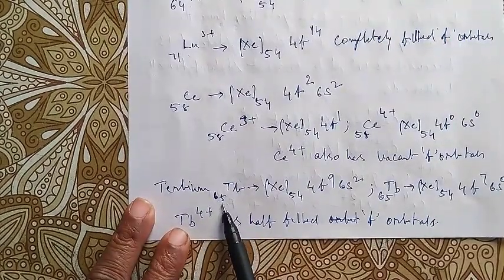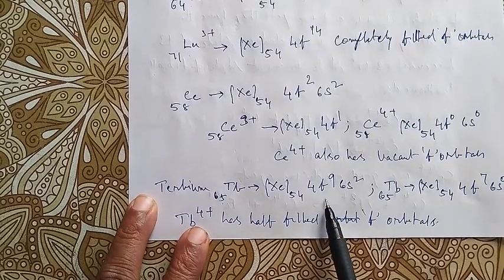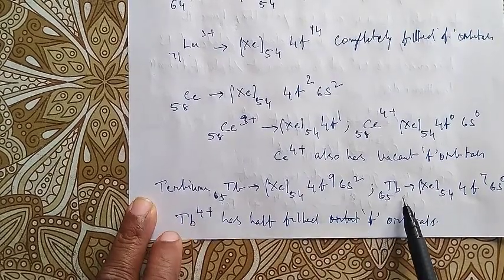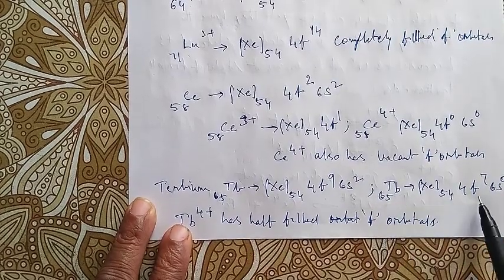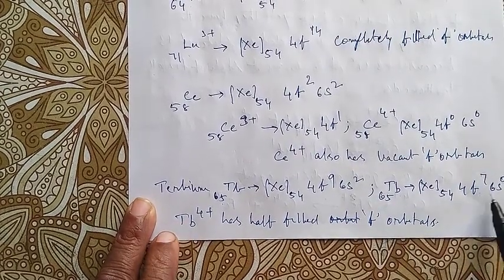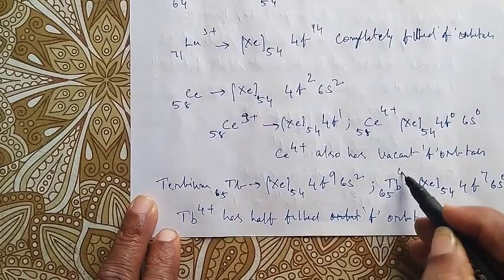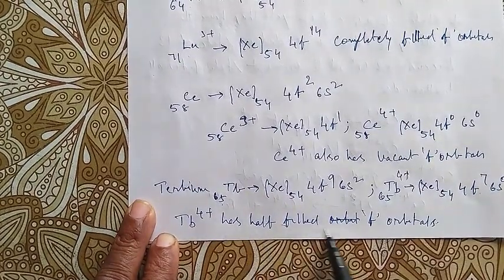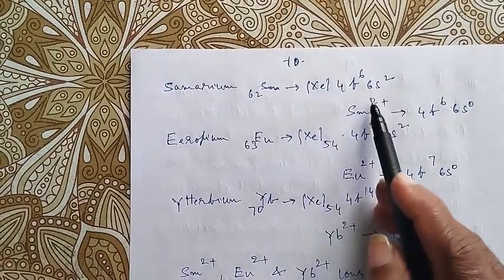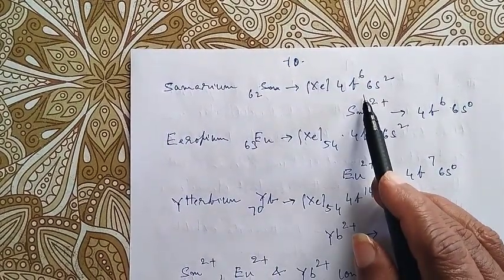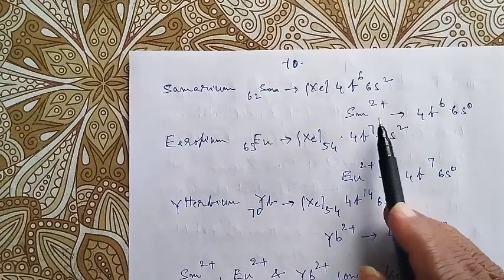Terbium with atomic number 65, configuration 4f9 6s2, forms the Tb3+ ion. The Tb4+ ion has 4f7 6s0. Tb4+ has half-filled f orbitals. Samarium, atomic number 62, configuration 4f6 6s2.